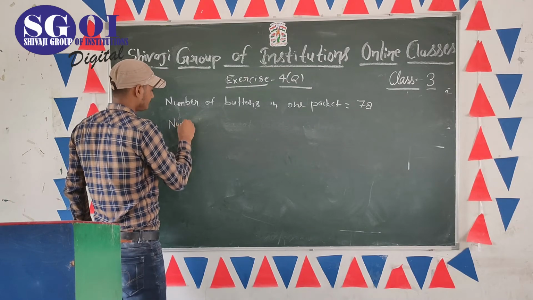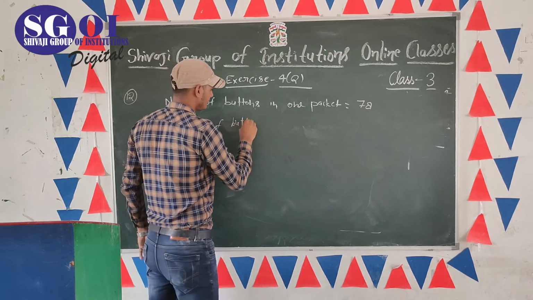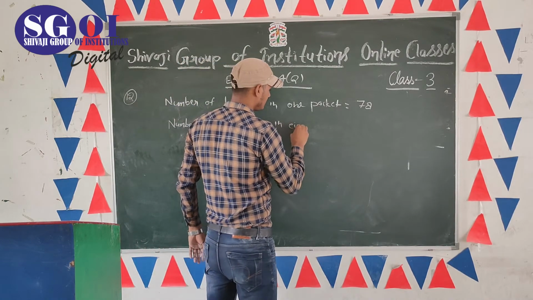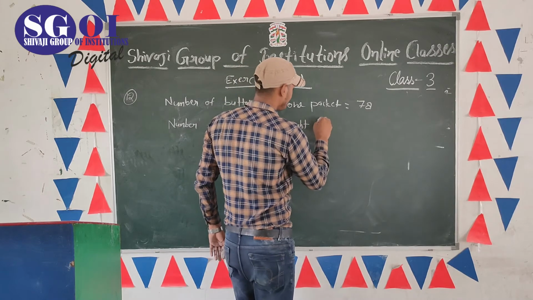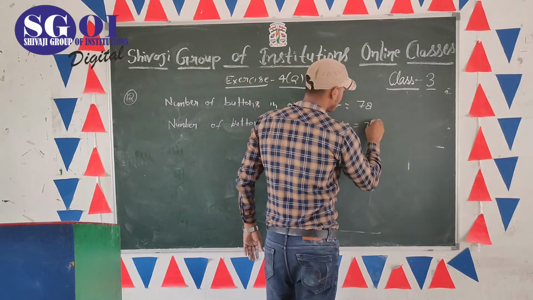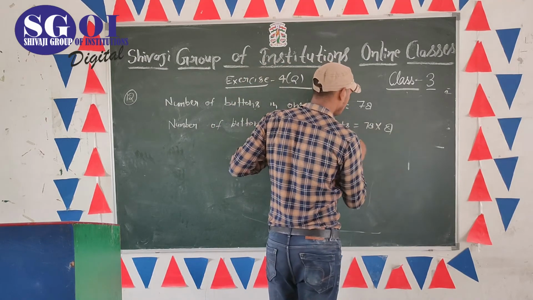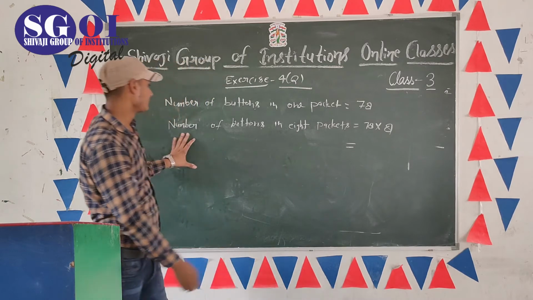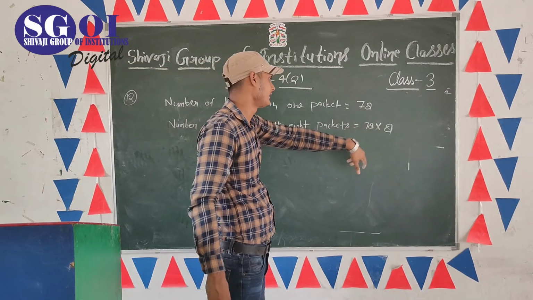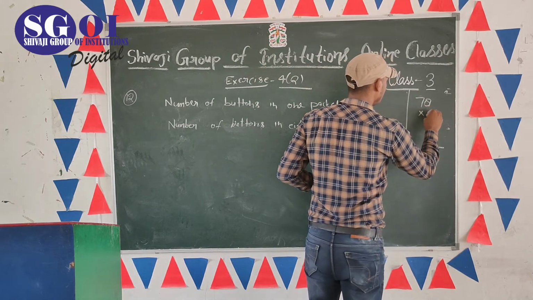Number of buttons in 8 packets is equal to 78 multiplied by 8. Number of buttons in 8 packets is equal to 78 multiplied by 8. Multiply 78 multiplied by 8.